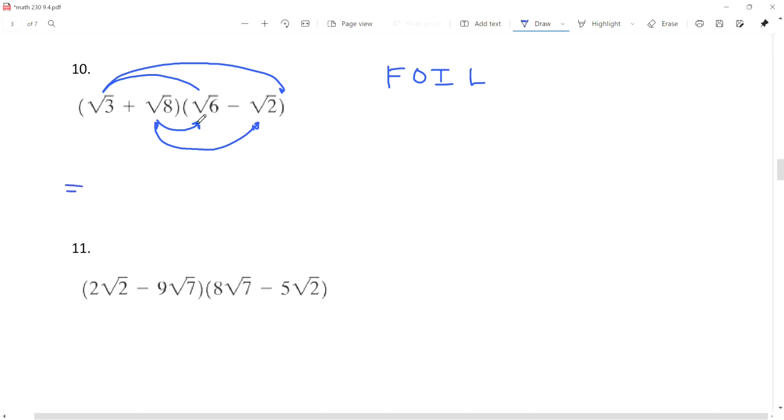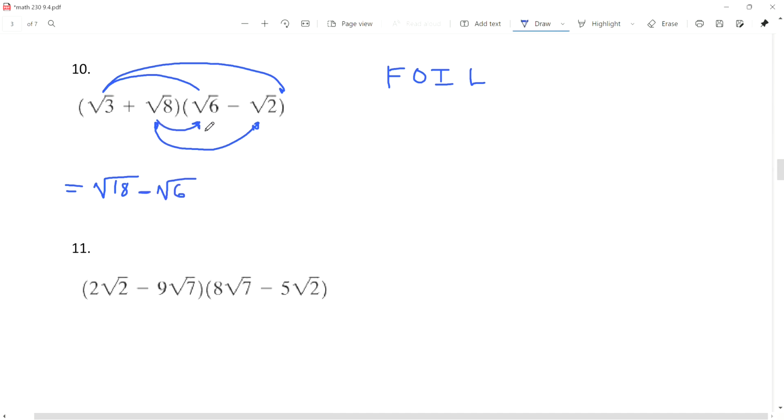The square root of 3 times the square root of 6 is first with the first, so that's the square root of 18. We'll multiply the square root of 3 times the square root of 2, that's the square root of 6. Don't forget that negative. Sometimes students forget that, so be careful.